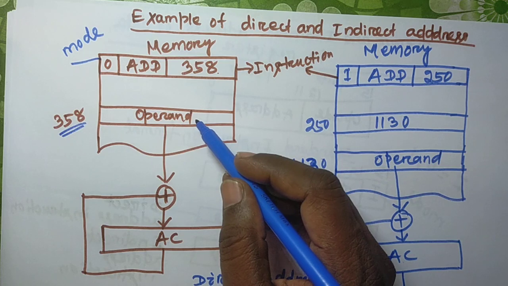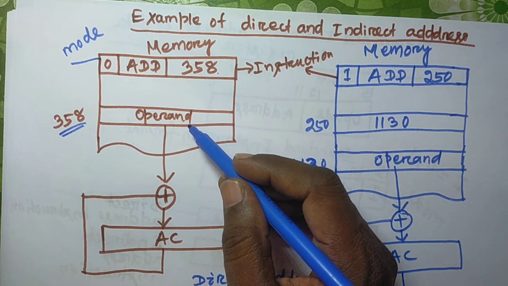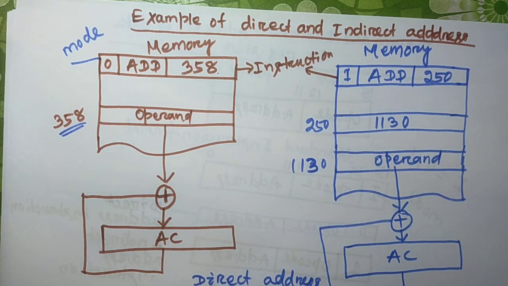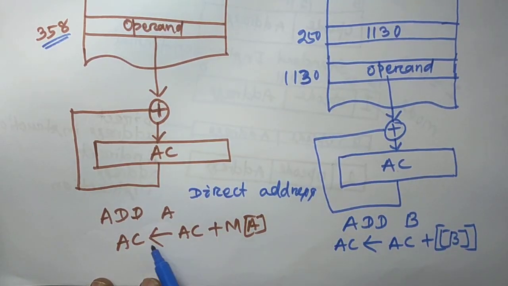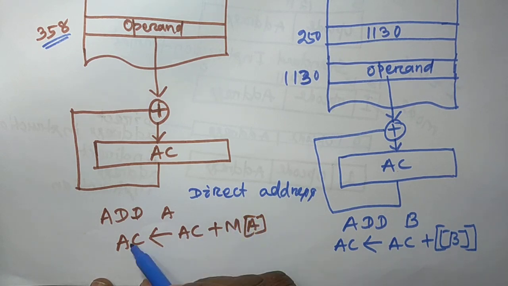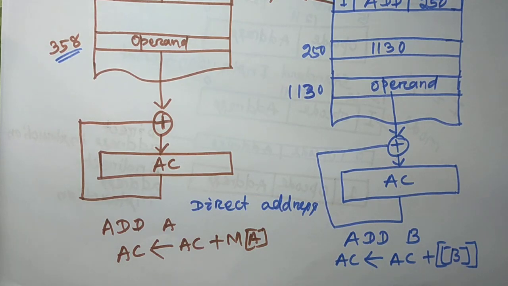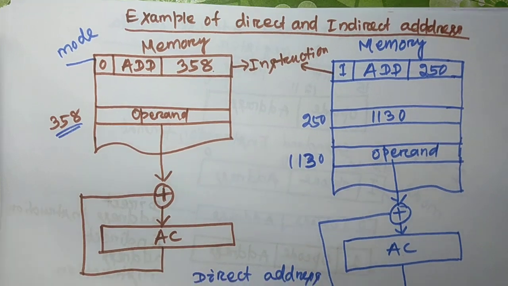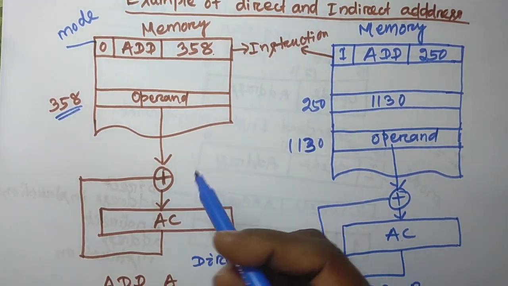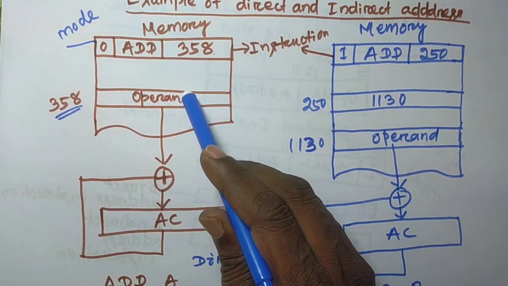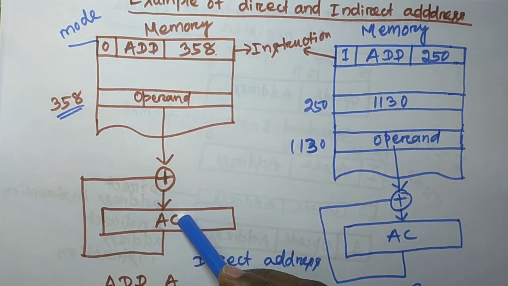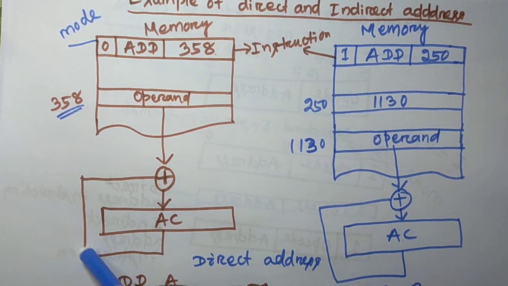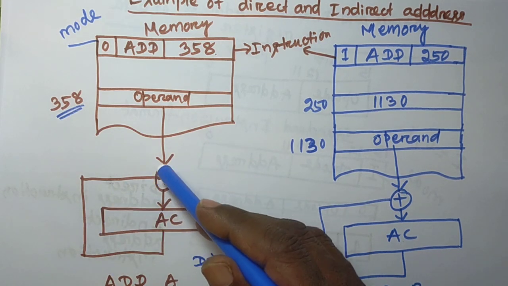This operand is added with SC, because as per this instruction we have already mentioned, SC plus M of A goes to SC: the sum of data from SC and data in memory is stored in SC. So here what happens? The data is collected from this operand, added with SC, and after adding, it is stored again in SC.